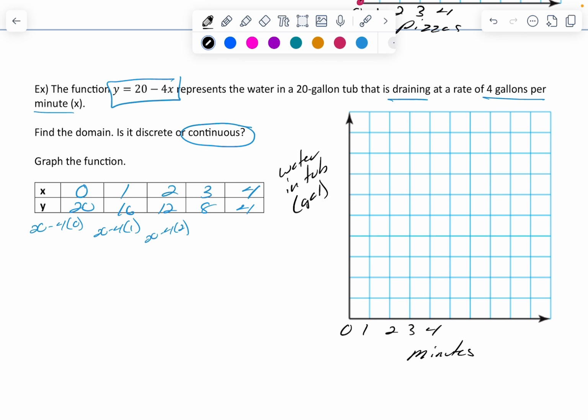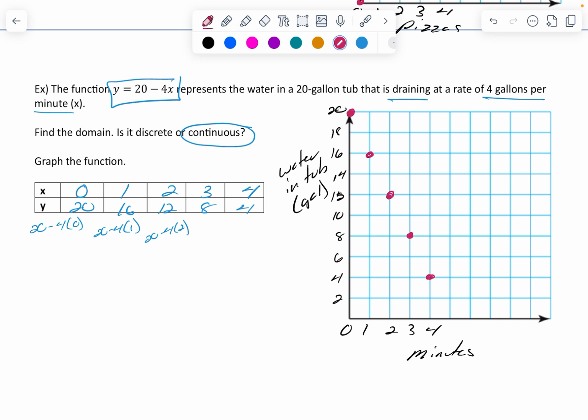All right, so if we're graphing this, I have to label my other axis. In this case, I think I can go by 2s. 2, 4, 6, 8, 10, 12, 14, 16, 18. Oh, just made it 20. All right, so 0 is 20, 1 is 16, 2 is 12, 3 is 8, 4 is 4.